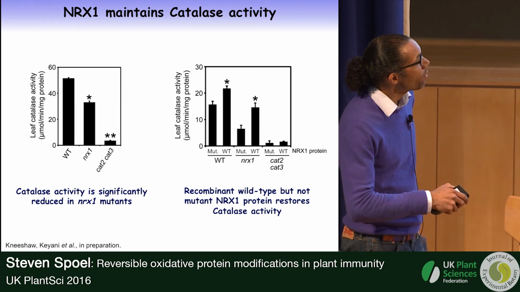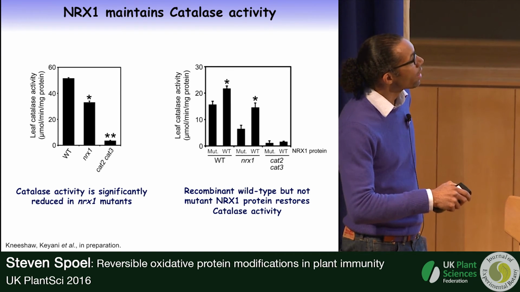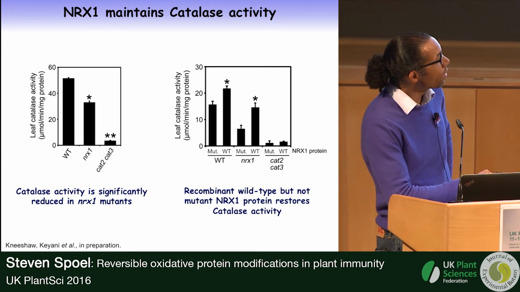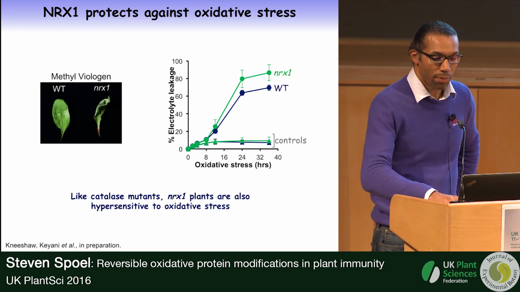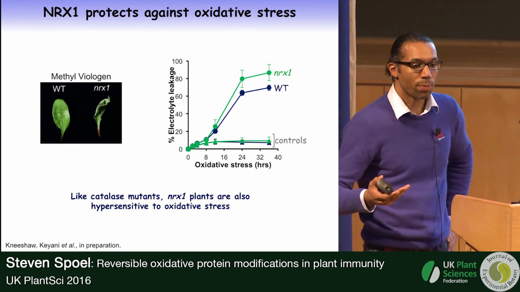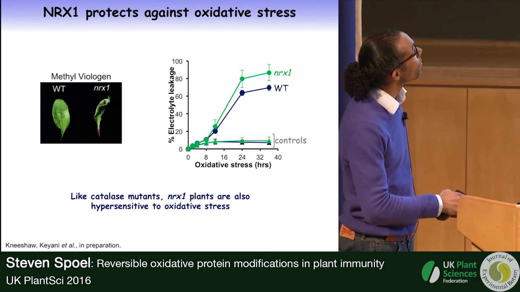So you add wild-type recombinant NRX1 into a wild-type extract, we improve catalase activity, and strikingly, in an NRX1 mutant where the catalase activity is knocked down, we can rescue activity back to wild-type levels just by adding in recombinant nucleoredoxin, whereas we can't do that in a catalase mutant. So these data suggest that NRX1 regulates oxidative stress responses through the action of catalase.